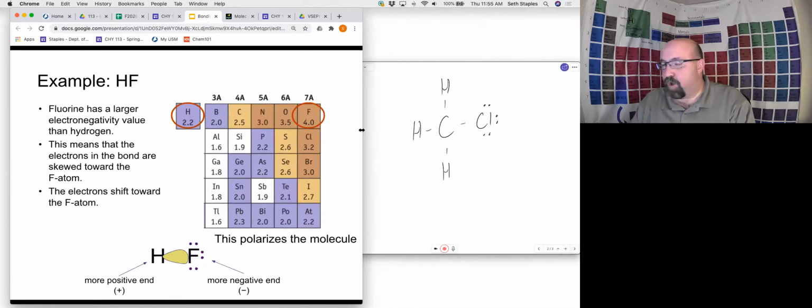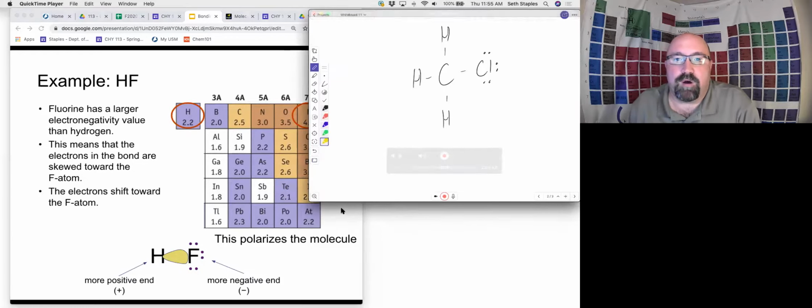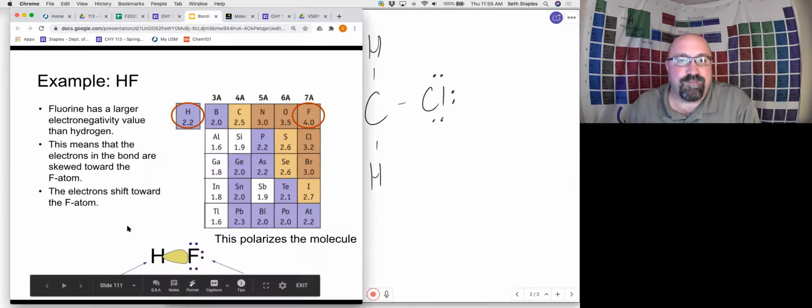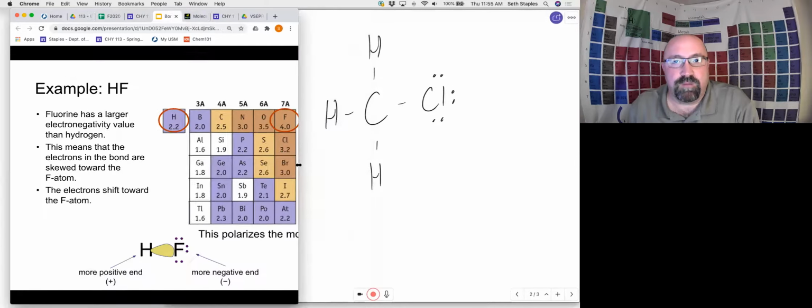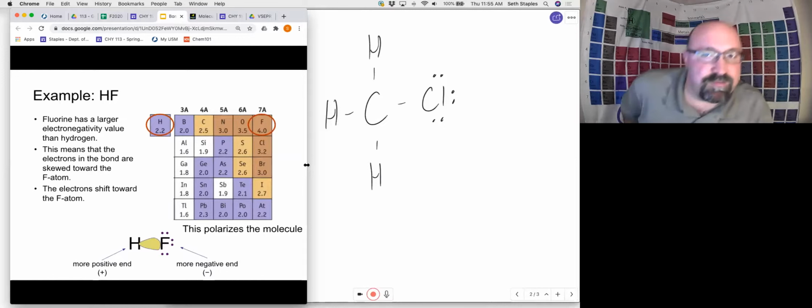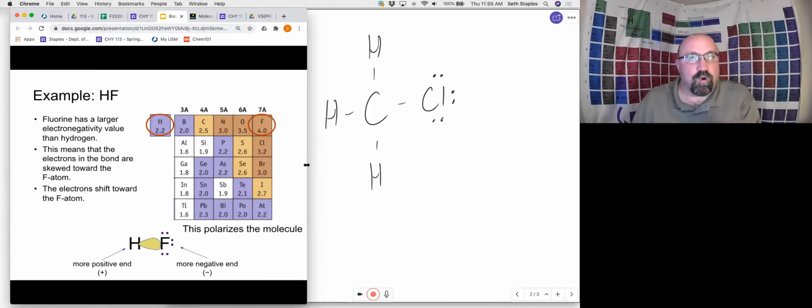When we have any sort of molecule, we need to start looking at all of the different bonds within that molecule to determine if any of the bonds are polar or not. And so we're going to look at our differences in electronegativity.